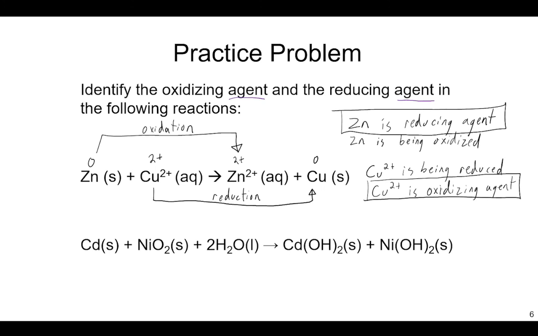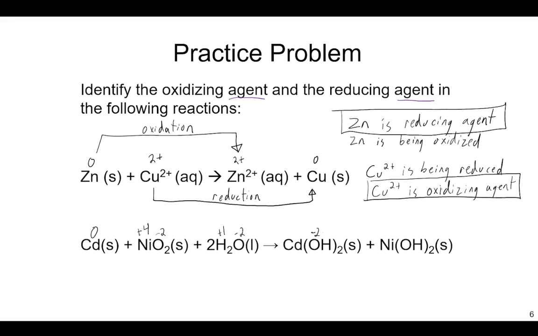For the second one, a little bit more complicated. Cadmium is an element, so that is 0, existing by itself, so oxidation number 0. Nickel oxide, well, we did this example earlier. Oxygen is -2, -4 total, so nickel has to be +4. Water, we talked about previously. Hydrogen +1, 2 of them. Oxygen -2, so those are the oxidation states there.